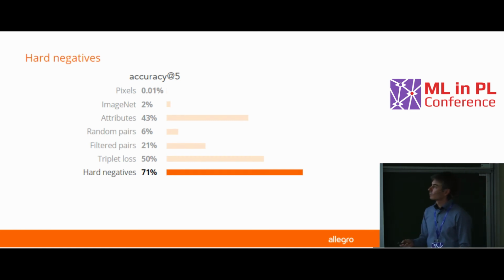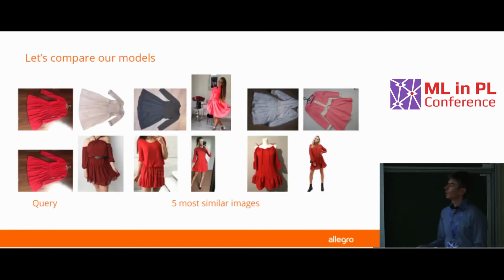Okay. So, we have come a long way, so let's compare the results of our models based on attribute prediction on top and on triplet loss with hard negatives on bottom. So it's immediately obvious that we are dealing much better with color. Also, there is no bias associated with a nice or ugly background and with the presence of the model in the photo.